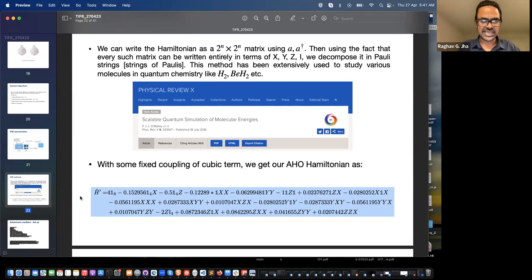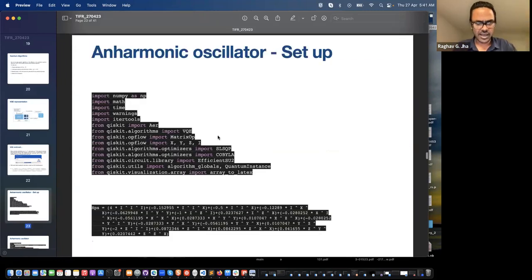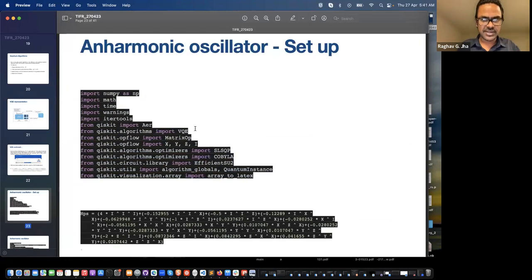Once we have this H prime, the qubit Hamiltonian, we can take some sort of ansatz and then do the variational method. For that, these are the basic things you can install in your Qiskit program.